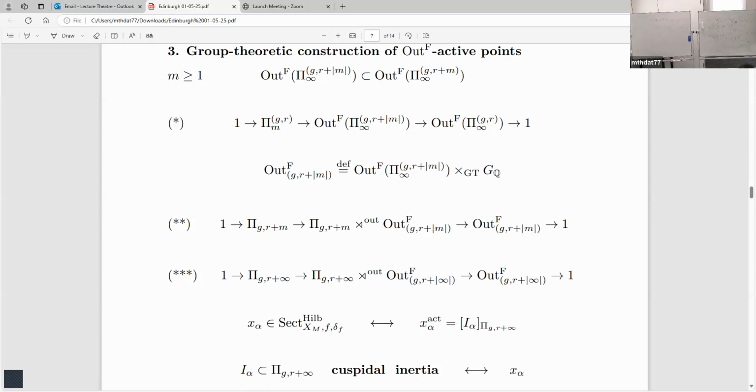So one has to consider a subgroup, this subgroup Out F pi_{g,r+|m|}. So what is this? These are the outer automorphisms which preserve each fiber subgroup, so they are in Out F, but with the property that they preserve each conjugacy class of cuspidal inertia subgroups in here, which corresponds to the labels from r+1 to r+m. Okay, and then this maps to Out F pi_{g,r}. So one has in fact such an exact sequence.